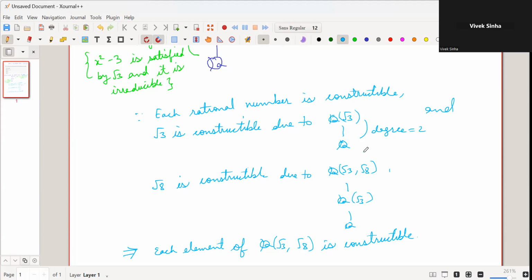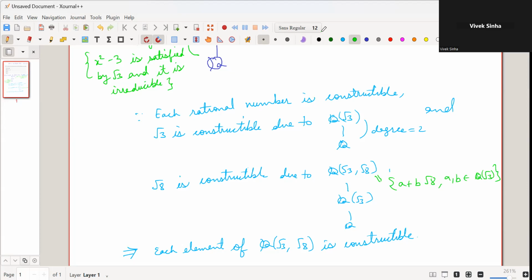Where root 3 is constructible, each element of Q root 3 root 8 will be of the form A plus B root 8, where A and B are inside Q root 3, because we are taking a degree 2 extension of Q root 3.